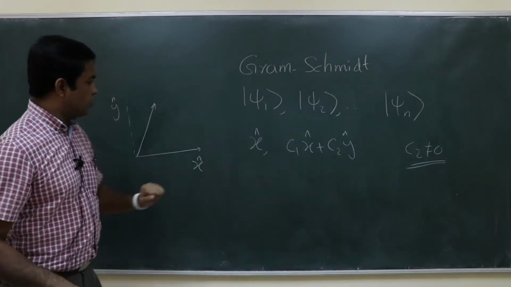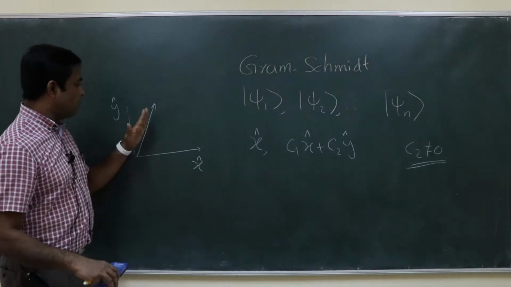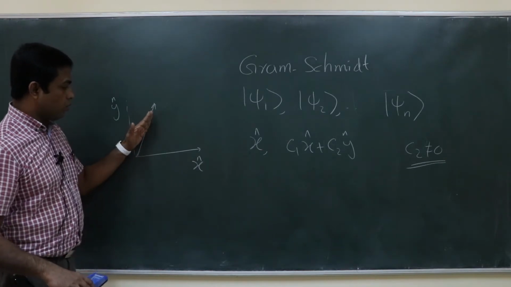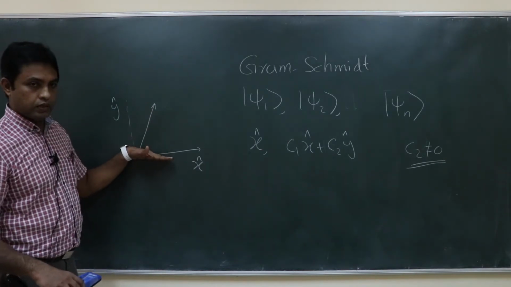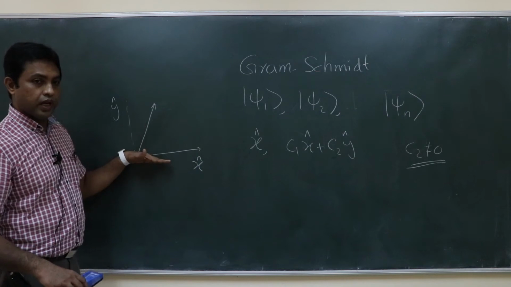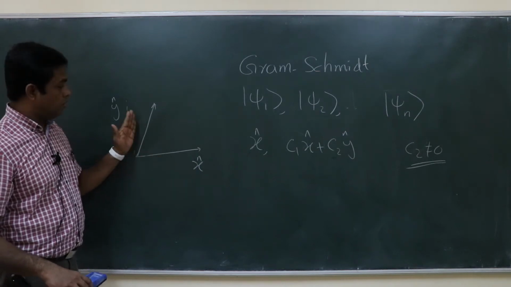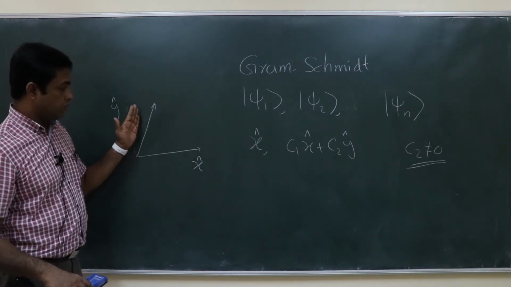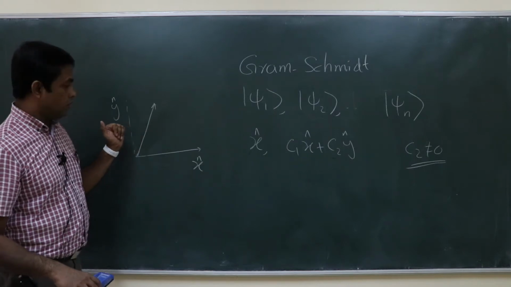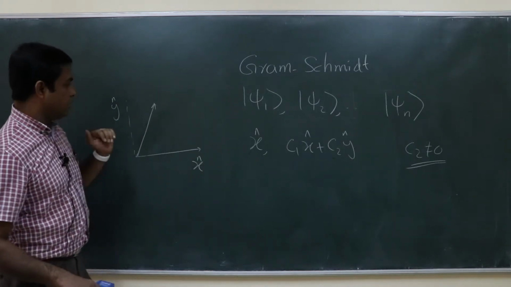So in this case, what do you do? Suppose I want to make this vector orthogonal to this one. What should I do? I should take the dot product, the inner product, basically.